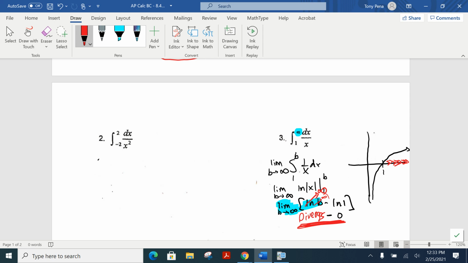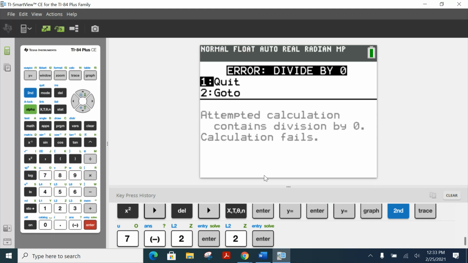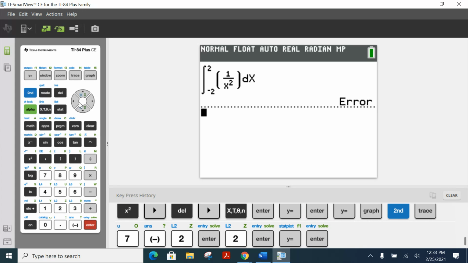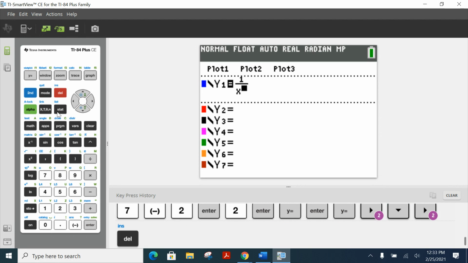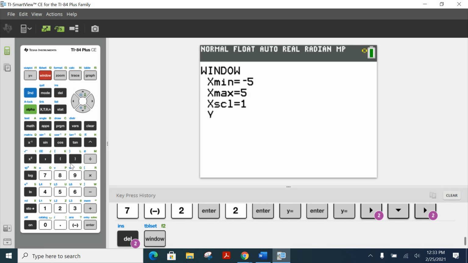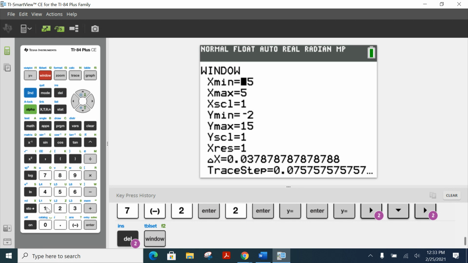Let me show you this on the calculator, because this is some weird stuff here. This one isn't the weird one. But if I graph this, and let's get rid of the squared, here's what this graph looks like. The limits were 1 to infinity, so let me start at the x value of 0.